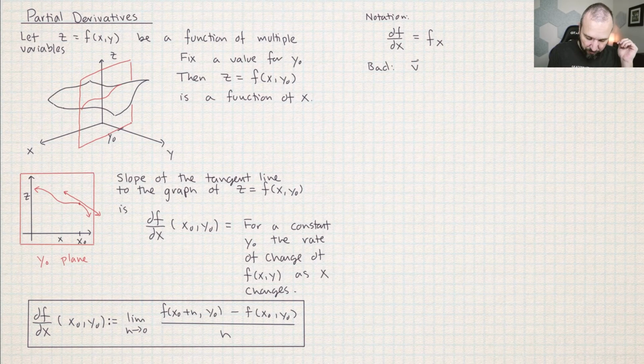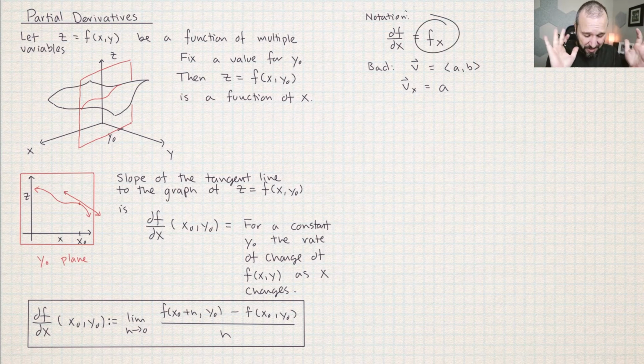Sometimes if people have a vector and they call it a, b, then they will write v sub x to mean the x coordinate of that vector. So when you use that subscript notation, it's not great, but it's so much easier to write. People often do get lazy, so you need to be mindful when you're reading a math book or a physics book that you don't confuse subscript notation for the coordinate of a vector with taking a partial derivative.